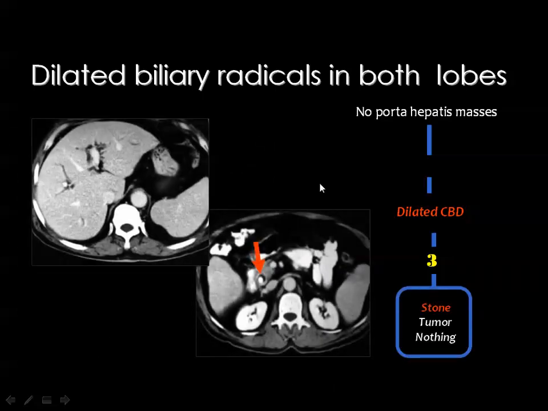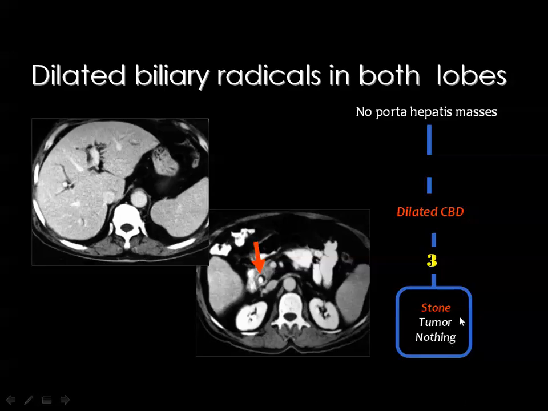Then in this issue you see dilated biliary radicals, and you follow the course of the common bile duct, and you see that the common bile duct is dilated, and you go down to its terminal part, and you see one of three possibilities. Either you see a stone, or you see a tumor, or you see nothing.